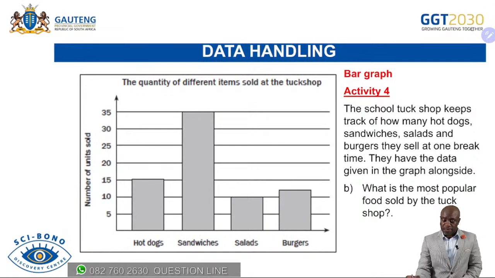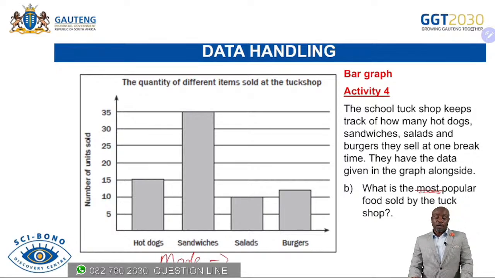If I were to ask that question differently, I would say on average, what food is bought by the learners? It is the same question, because when we say most popular, remember the word most. Most will therefore be mode. So mode and most. So what is the mode of this data?